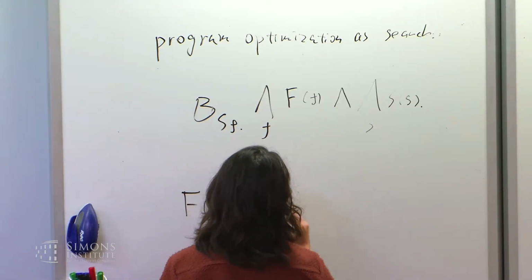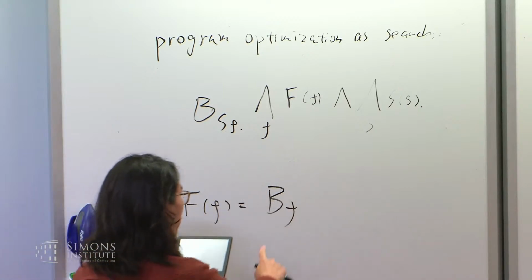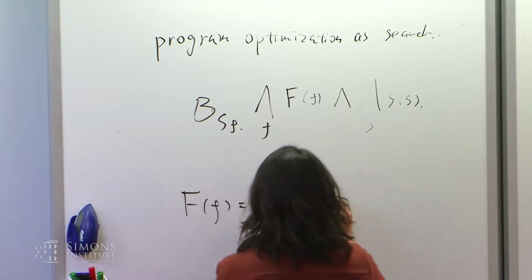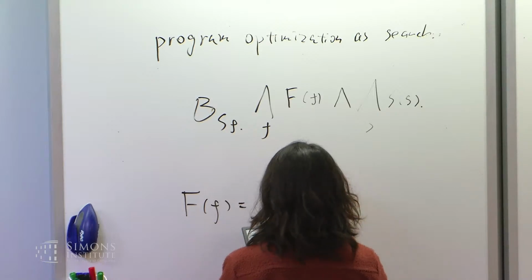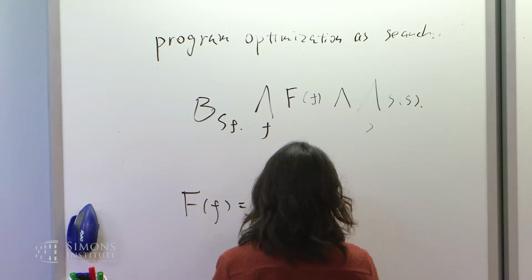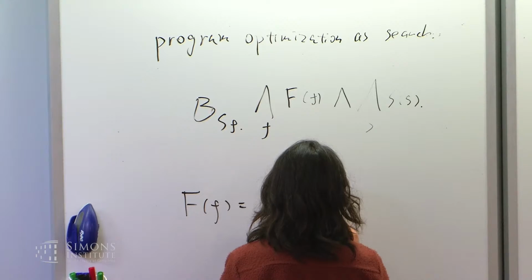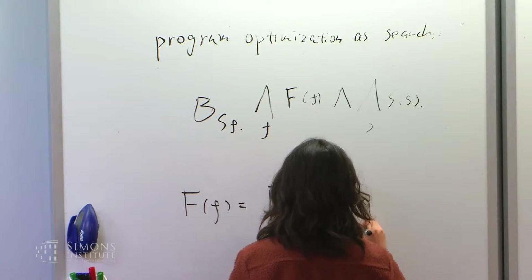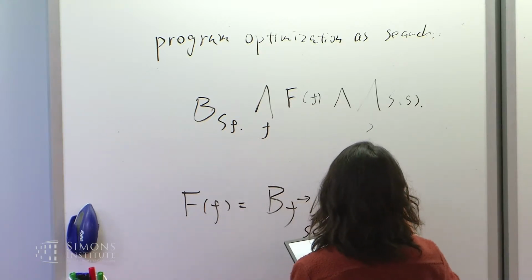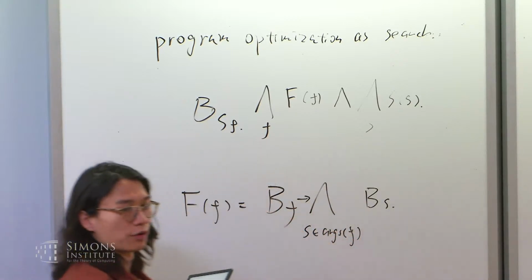If we see a function symbol F, we say that if we pick the function symbol, then we have to pick all of its argument states.